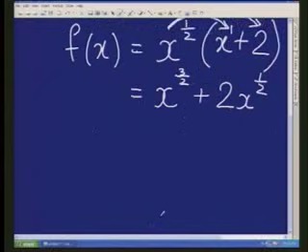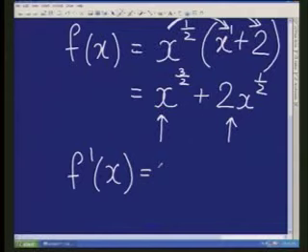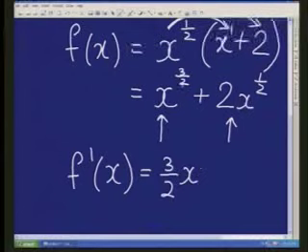So when differentiating a function, we need to get it into a format that can be differentiated, where each term is written individually. Right, so now I'm ready to find f dashed x. And the rule is to take the exponent, multiply it by the coefficient, which in this case is 1. That becomes 3 over 2 times x, and my exponent will reduce by 1.